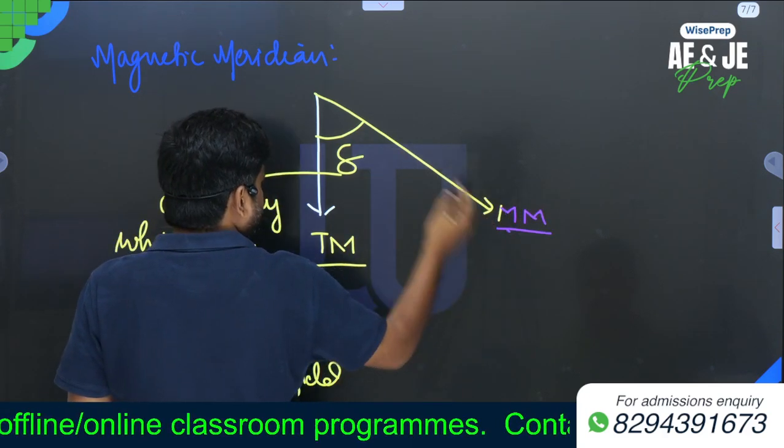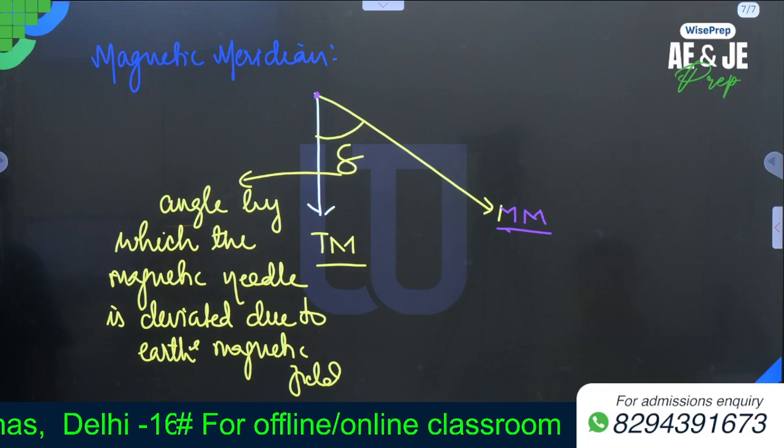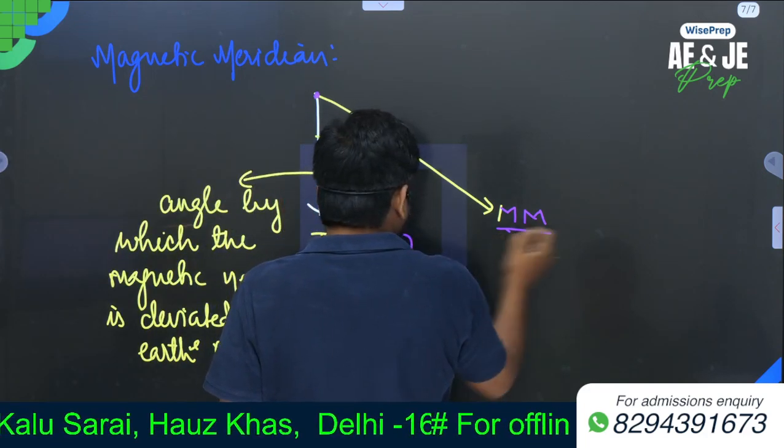So this represents the magnetic meridian. It can be magnetic south. Let it be true south. Magnetic south.